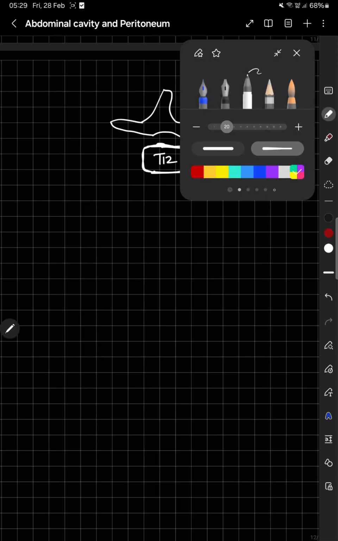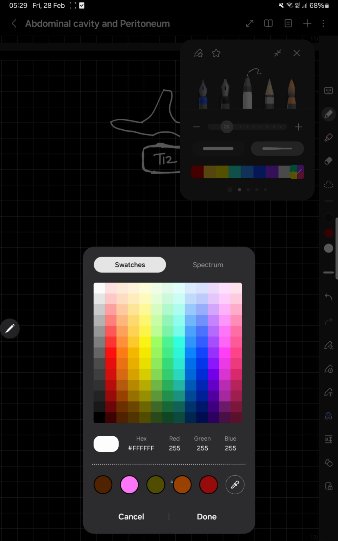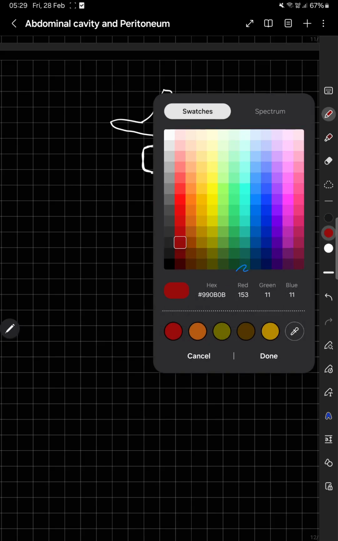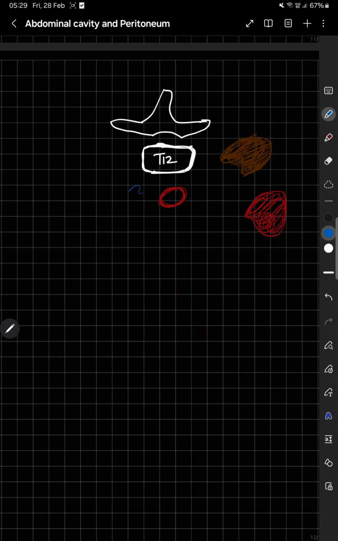Then we have our kidney on this side, towards the right side, kidney and spleen, and we have the aorta, then the inferior vena cava.